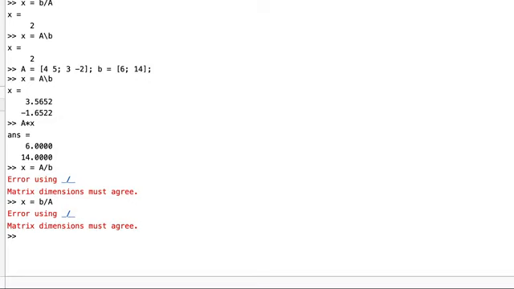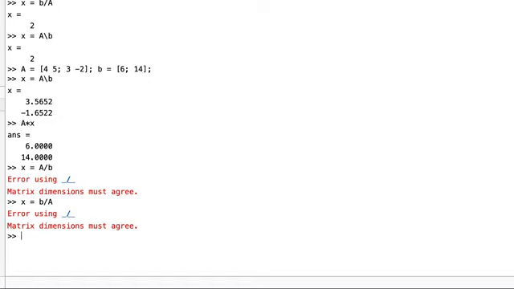The appropriate rules are that the operands must have the same number of columns for the forward slash and the same number of rows for the backward slash. In our case, A has multiple columns and B has only one, so the forward slash just won't work.